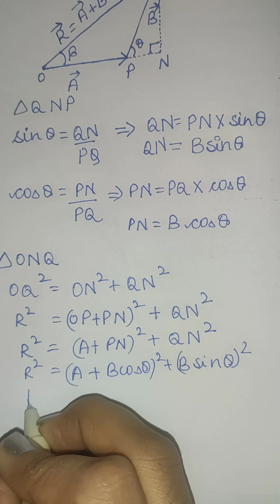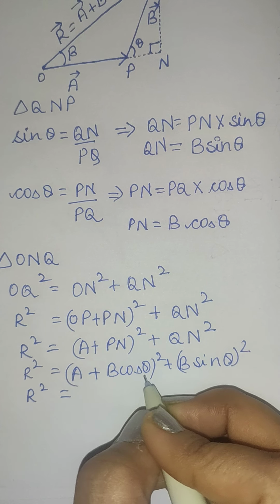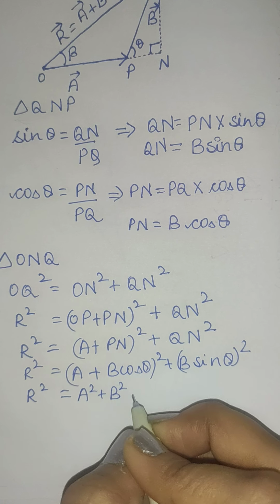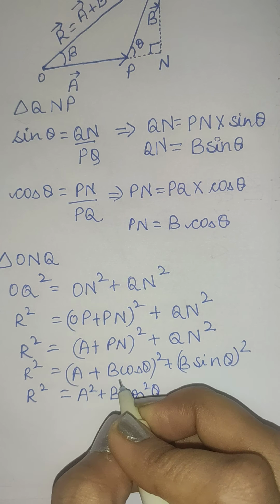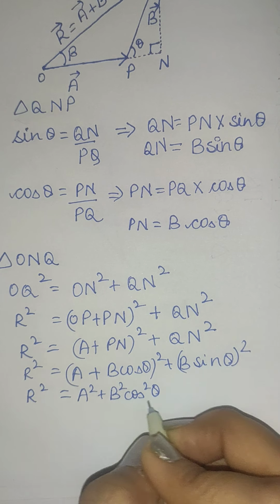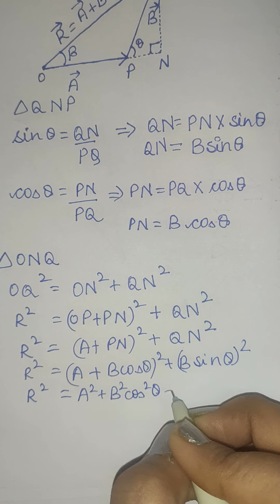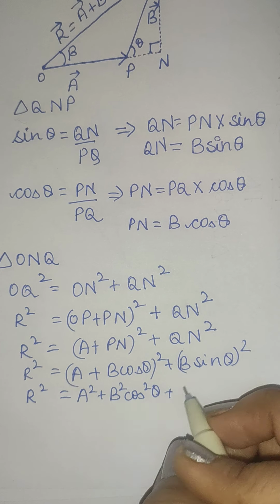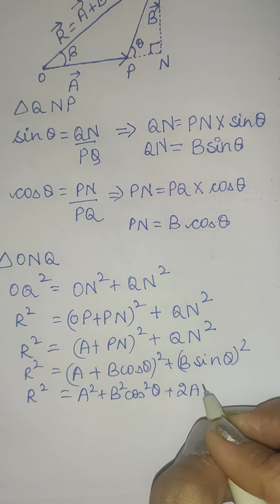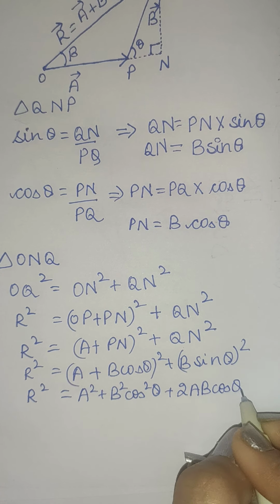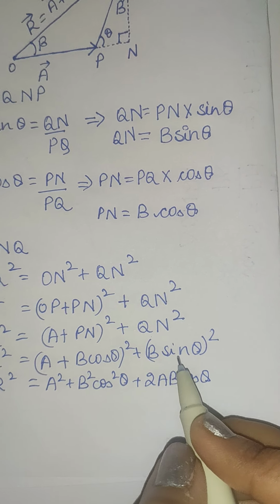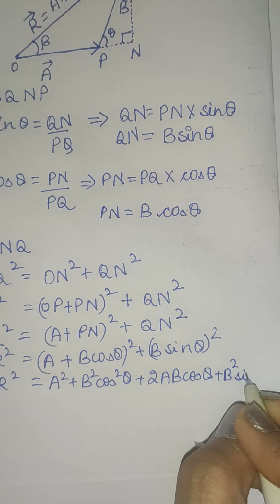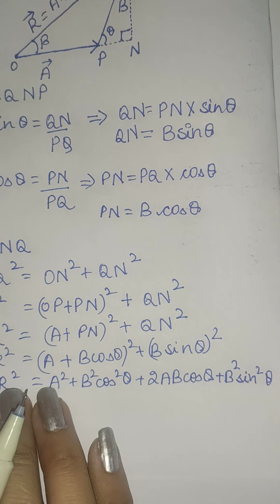R square is equal to, let us apply the A plus B whole square identity: A square plus B square cos square theta, since this second term entire is B cos theta, so I square it, plus 2AB. 2A is A and B is B cos theta, so I get 2AB cos theta, and then we have B sin theta whole square, so it will be B square sin square theta.